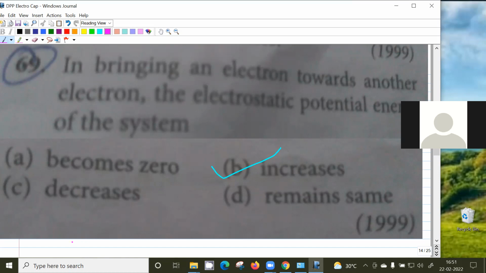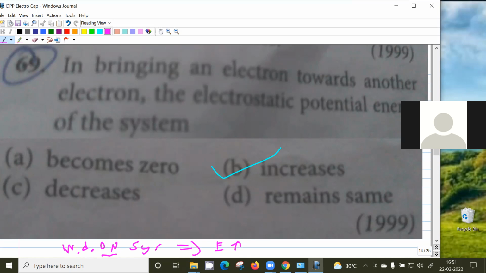See, if you're doing work on the system, work done on the system means the energy of the system will increase. Because if the system is doing work, it will lose energy, right?